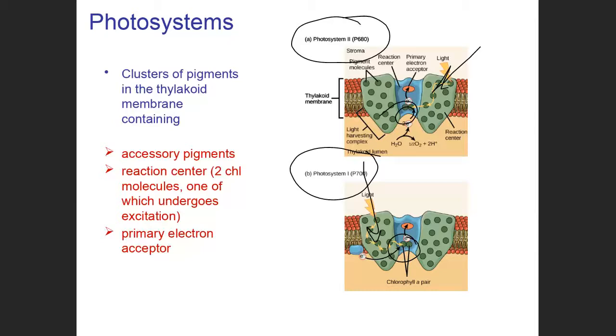They lose electrons. To cover for the loss of electrons, photosystem 2 will accept electrons coming from splitting the water.